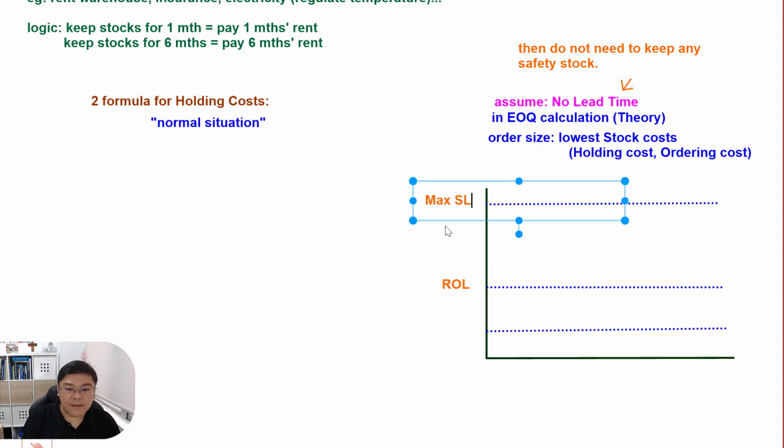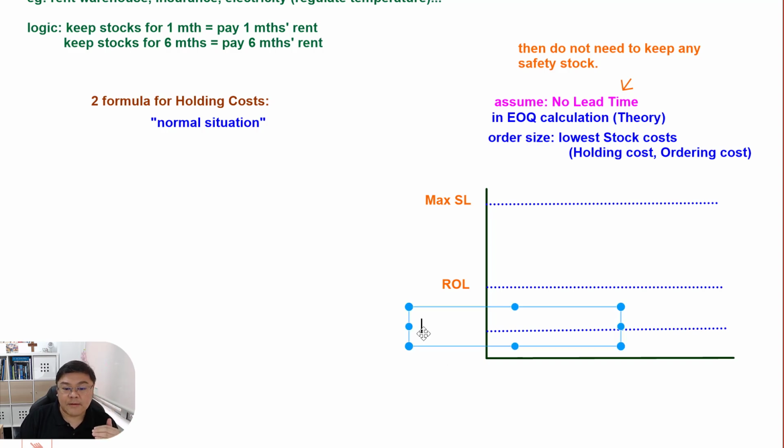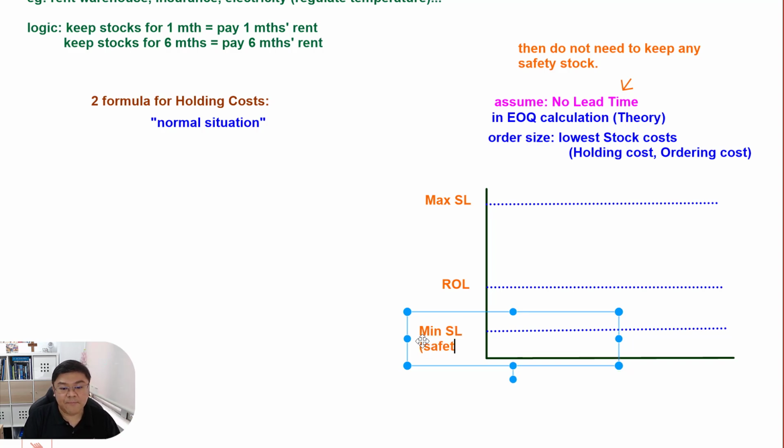This is what we call the maximum stock level. And this is your minimum, which is what we call your safety stock. Another word for safety stock is buffer stock. So the logic is, when your quantities start to fall, let's say at this point, this is your stock level.